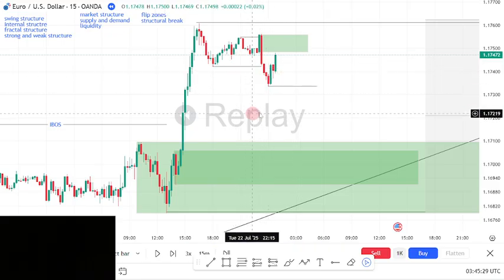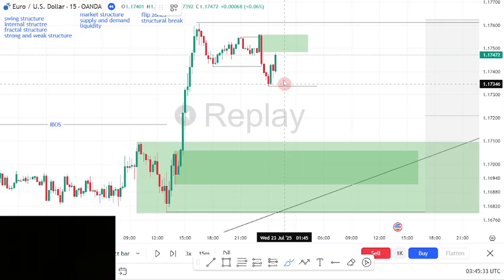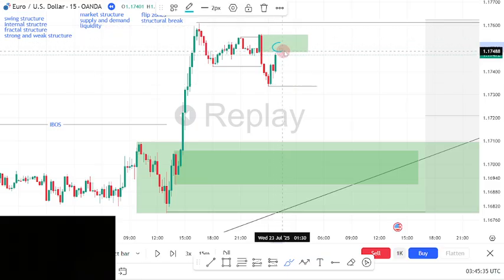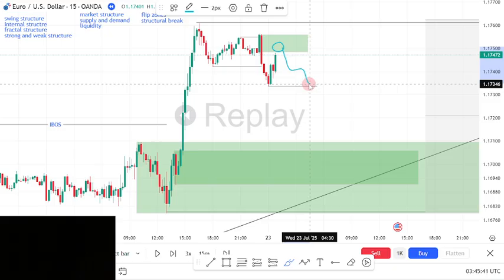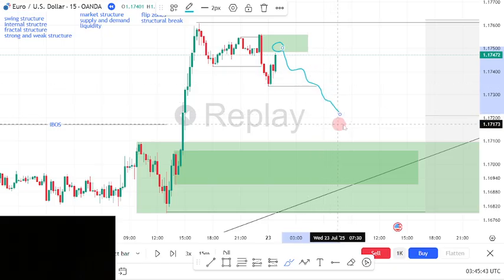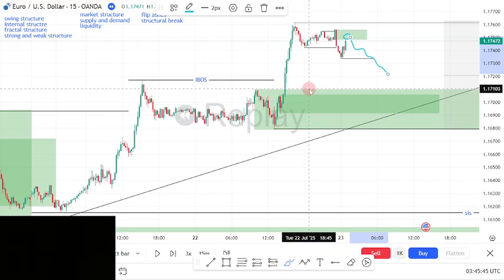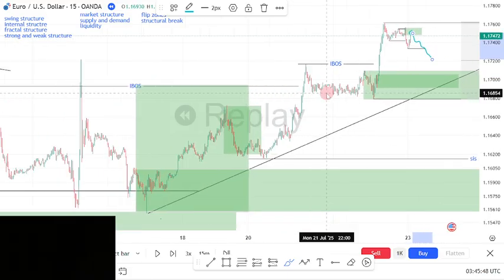So from the 15 minutes, here is a structure that we expect price to pull back into and for price to continue. And we can play that 15 minutes pullback before we continue the move.